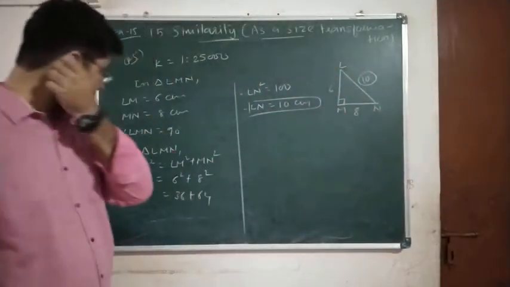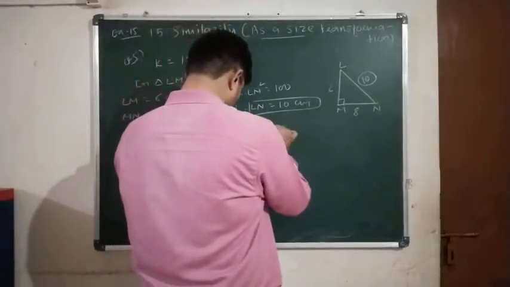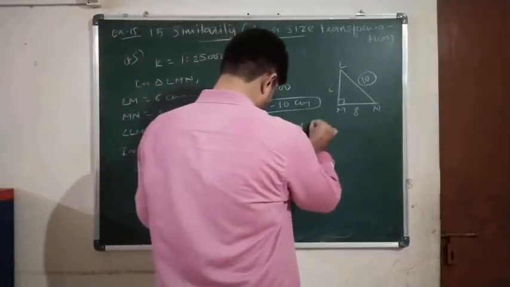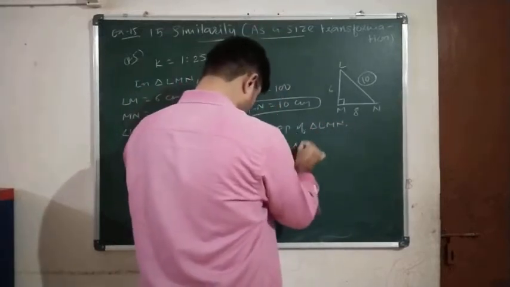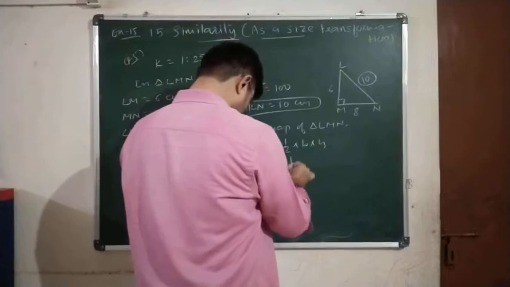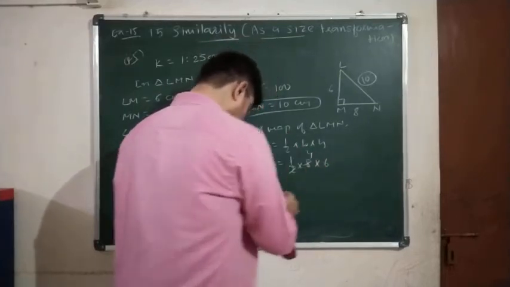Clear? Okay, now we will calculate the area. Area on map of triangle LMN is equal to half into base into height, half into 8 into 6.